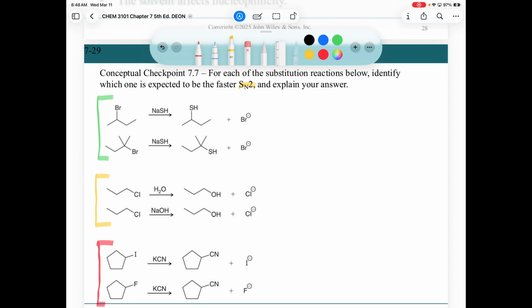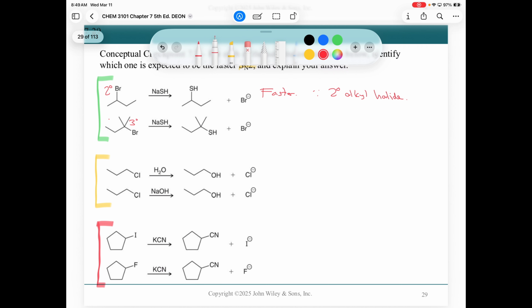What kind is the one below it? Tertiary, okay? So we've got a secondary alkyl halide here, and here we've got a tertiary alkyl halide. Everything else is the same. And we'll put here faster since secondary alkyl halide.